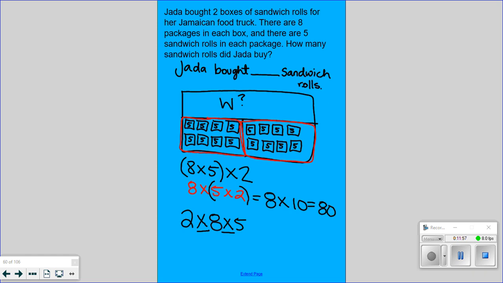What if I wanted to solve it a different way? Heidi picked that way, but I like doing my 5s first. So I might solve 8 groups of 5 first. What is 8 groups of 5 worth? I should see everyone's hand because I know you can skip count by 5s.